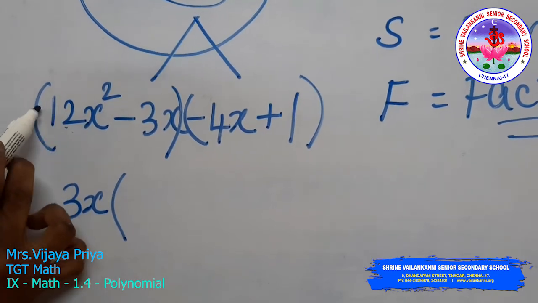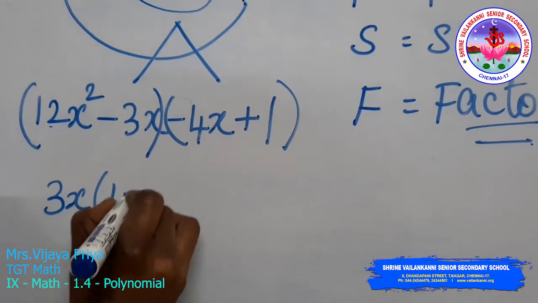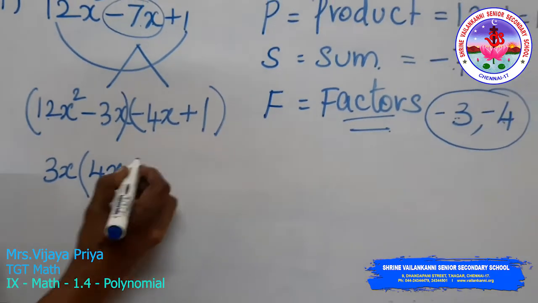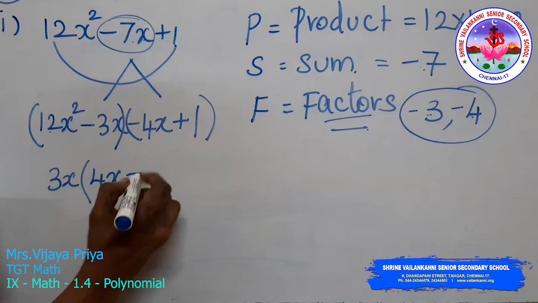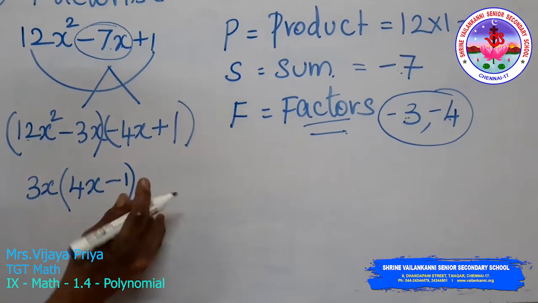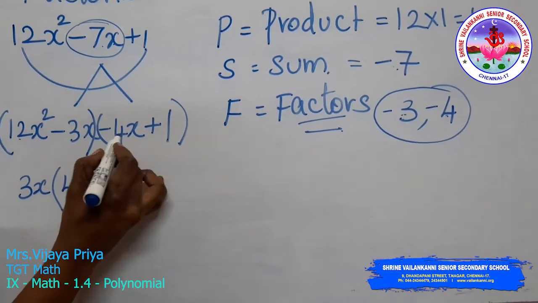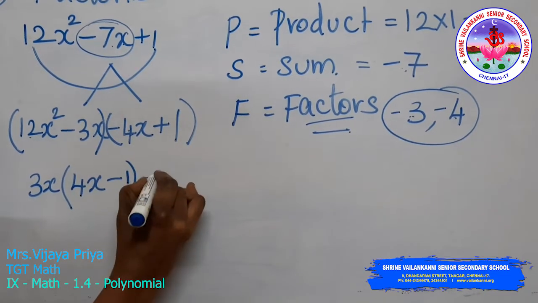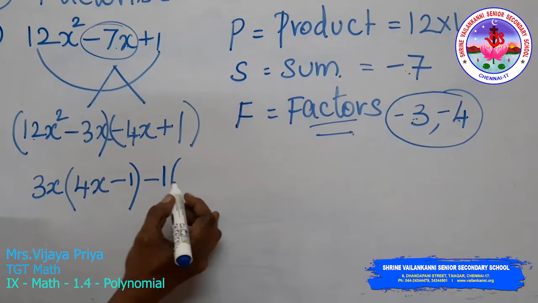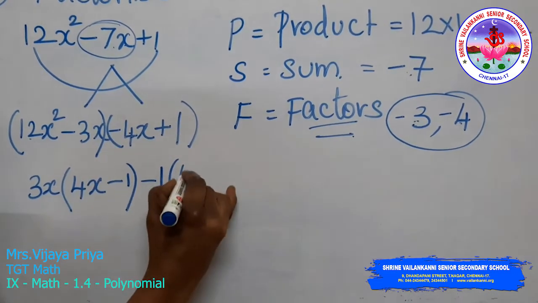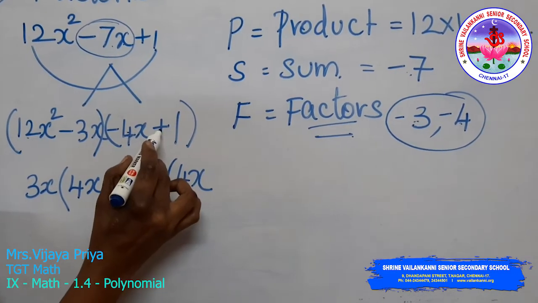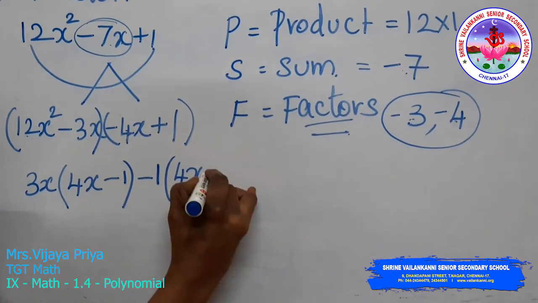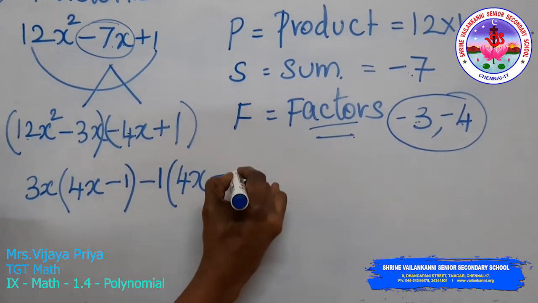So if I take 3x, I will be getting 4x inside, minus, if 3x goes, 1 will be remaining here. Coming to the next bracket, I don't have any common terms here, so I am going to take minus 1 as a common factor. So if minus 1 goes, I will have 4x, and in plus 1 you have minus 1 outside, so minus 1 will be inside.